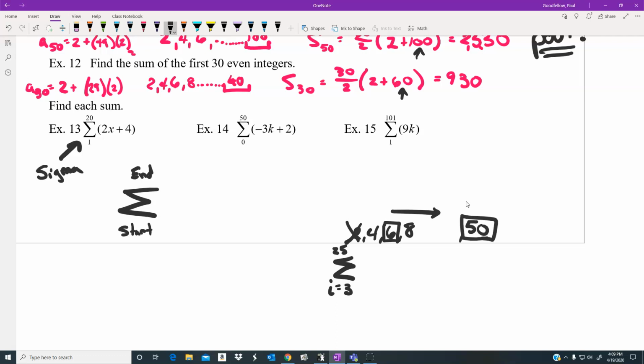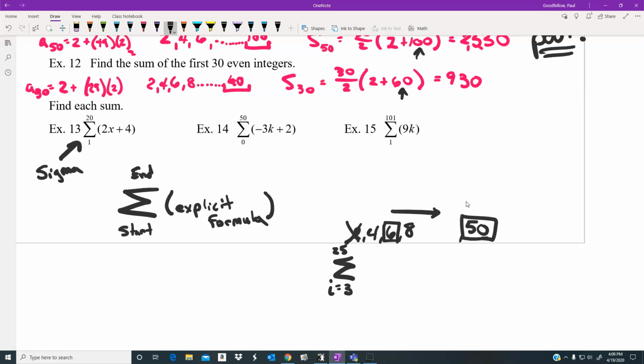Another cool part about the sigma concept is that we usually put a formula right here. This is the explicit formula. If you put the explicit formula in the spot right here, you will always get the correct summation.